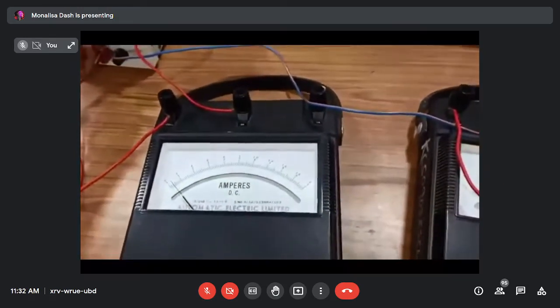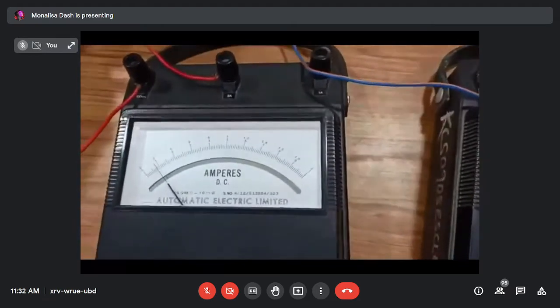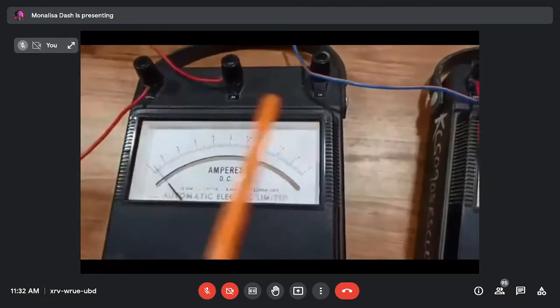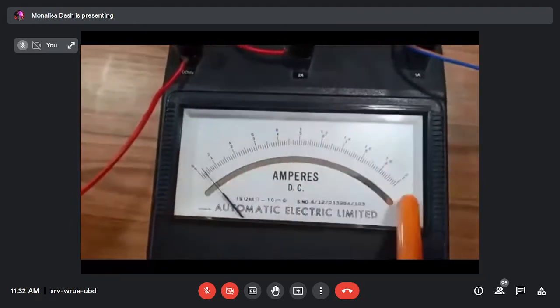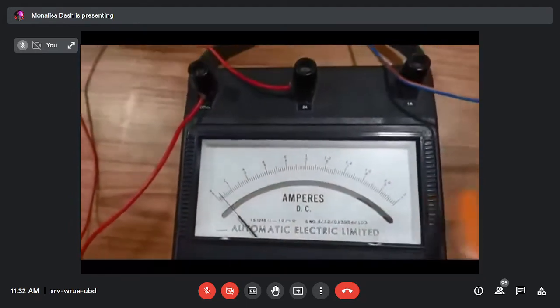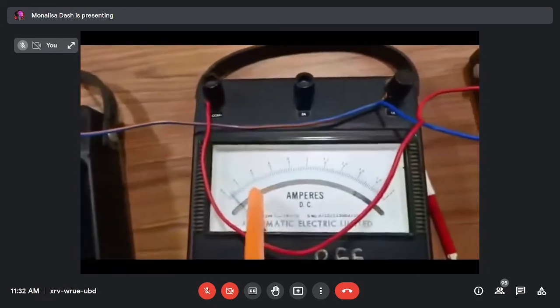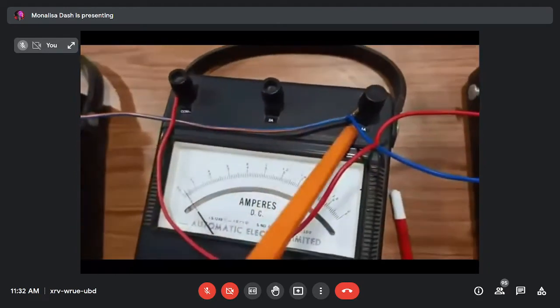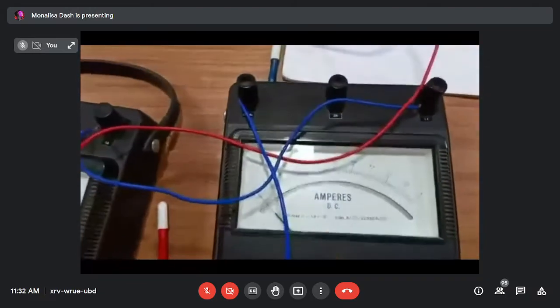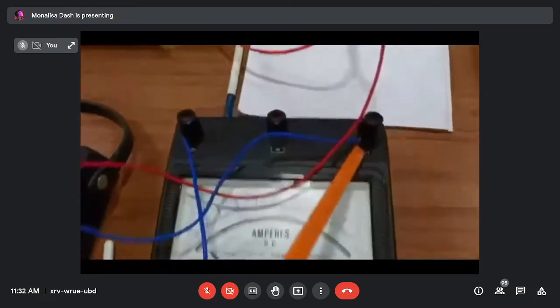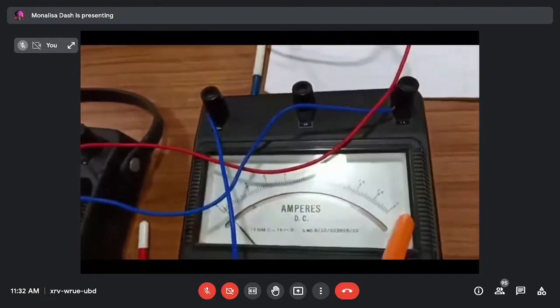In the first ammeter we take 0 to 2 ampere, that's why we take the upper scale. But in the ammeter with 0 to 1 ampere scale we take the lower scale. In that ammeter also we take 0 to 1 ampere, then we take the lower scale.